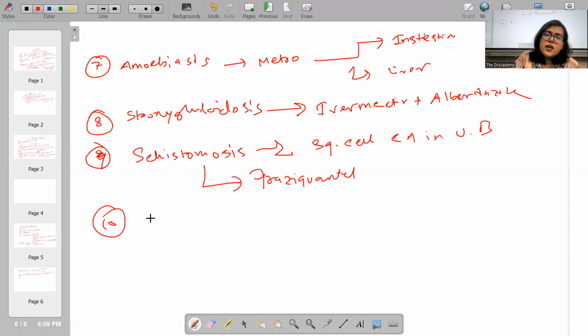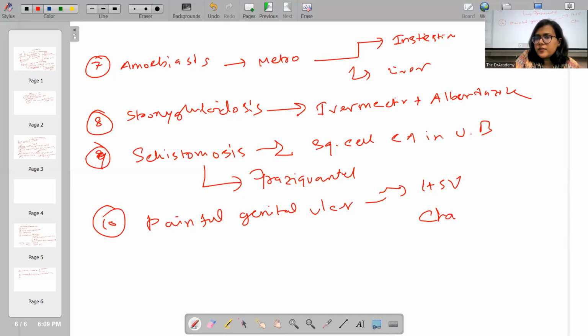Number 10. Painful genital ulcer. Which one? Herpes simplex and chancroid. Chancre is? Syphilis.